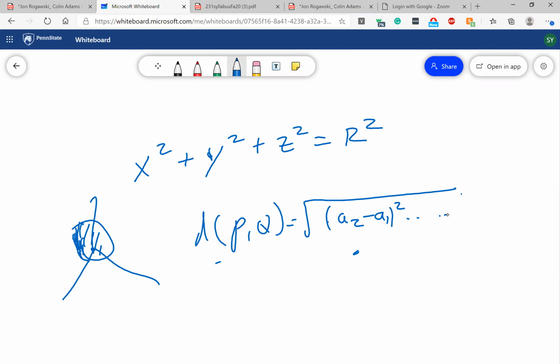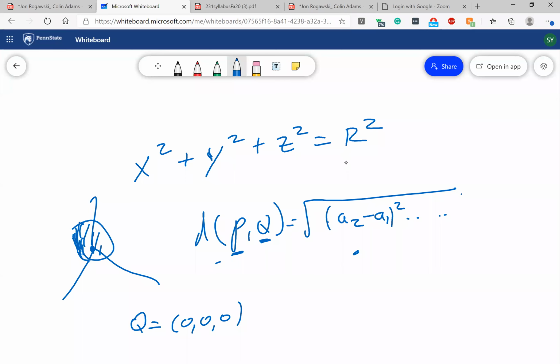And now we can consider one point on the sphere to come from the point P, and the second point, the origin, to be the point Q. And now if the origin is Q, then Q is equal to 0, 0, 0. And so when we're using this formula, you get x minus 0, y minus 0, z minus 0, and you set that equal to that distance that you want, and that will give you your sphere at the origin.